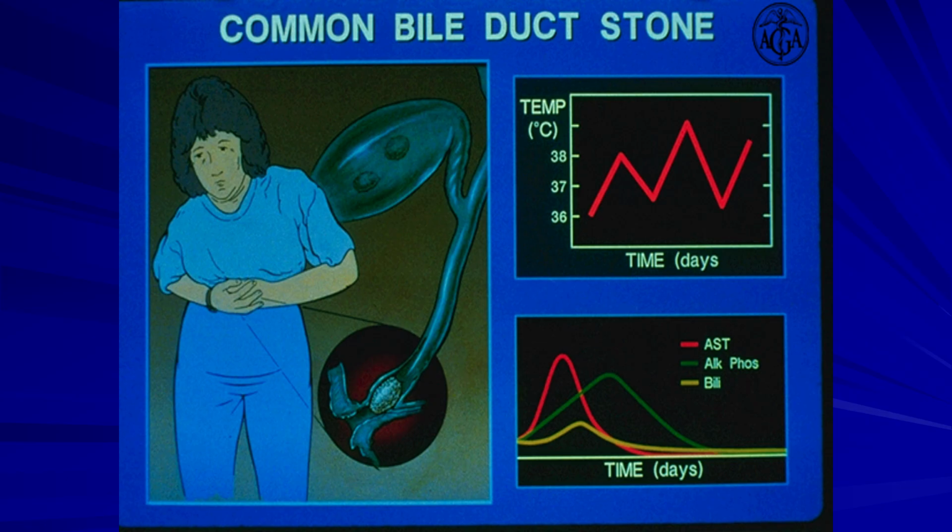This is usually a transient increase in transaminases, but they could go up quite well into 500, 1,000, or something like that. Then they will come down very quickly, and they will be followed by a rise in alkaline phosphatase and conjugated bilirubin if the obstruction is not relieved.